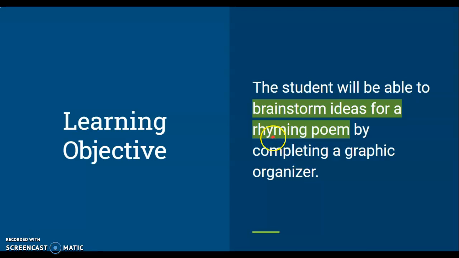I'm going to show you today what it looks like when a poem rhymes. So you're going to be writing your own poem by completing a graphic organizer. Okay, so I'm going to give you a graphic organizer to help organize your thinking. So that is our objective for today.